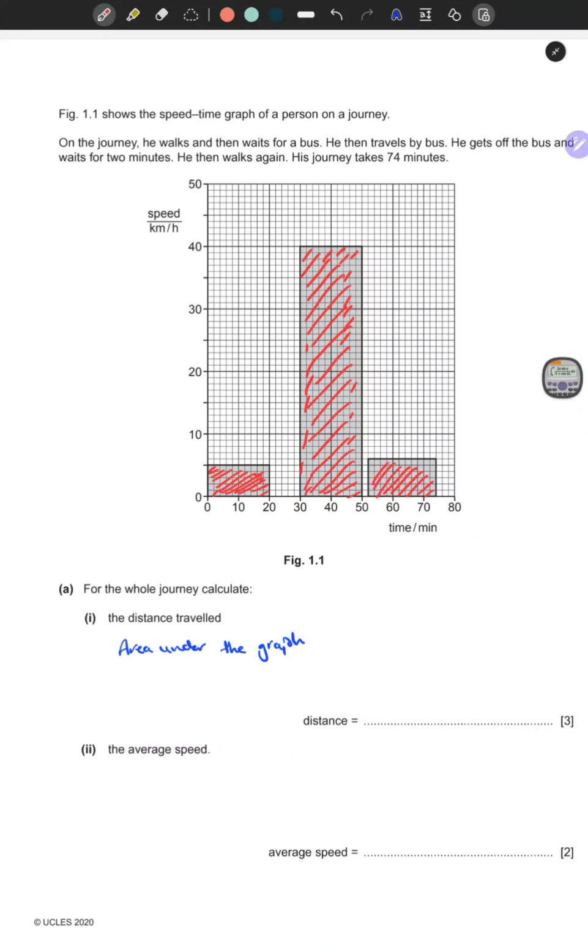I should add all of these three areas together, and that will equal the answer.